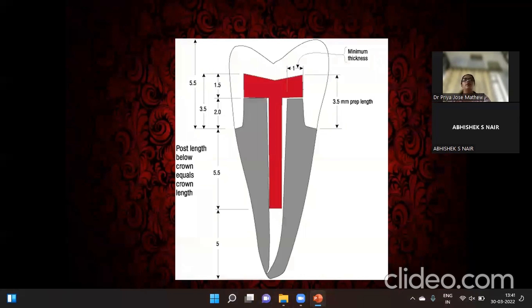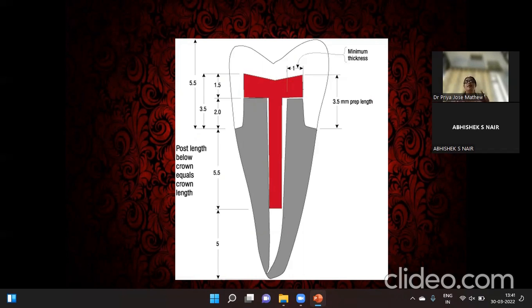Now, this is again a figure showing the importance of tooth structure. The gray area is the sound tooth structure that is present. We can see that the crown margin is below the gray area. The red portion is the post and core region. If our crown margin is lying at the red area, that means it is lying on the restoration.